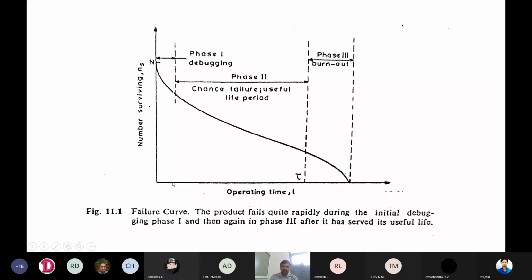After this delta t, out of 100, if 10 fail, then NF will be 10 and NS will be 90. 90 is the number of survivors, NF is the number of failures, and capital N is the total number of products produced by a company.